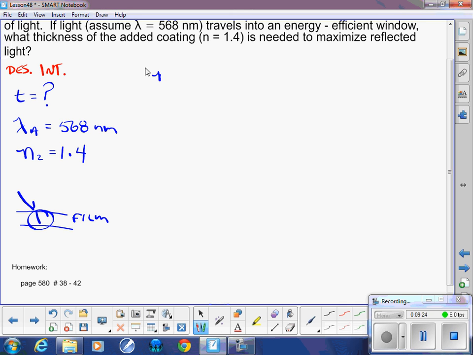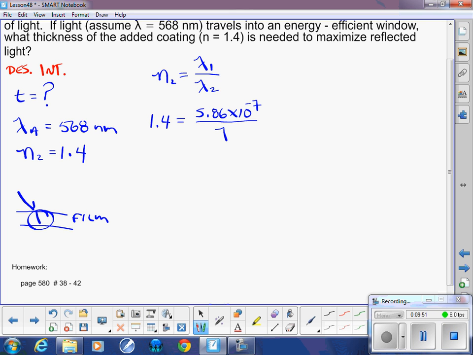So from the previous formula, I have the medium we're entering: the index of refraction is 1.4. The wavelength of light in air is 568. And actually, let's convert that to SI so that we don't run into problems a little bit later on here: 5.86 times 10 to the negative 7th.